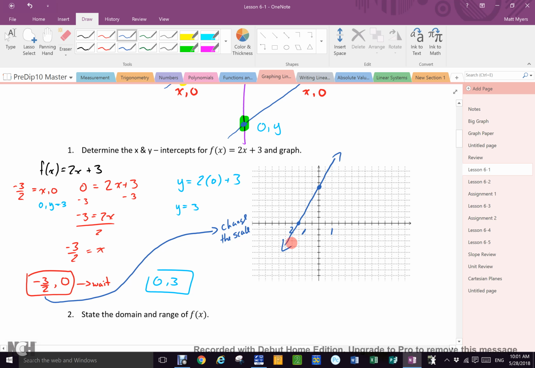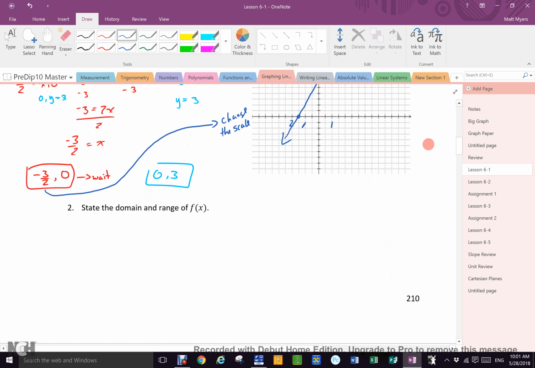Is everybody good? Everyone's good? Now the reason I'm doing this now, when you have a test on Wednesday, is because as you can quite plainly see, this is very helpful in graphing functions. What is the domain and range of that function?